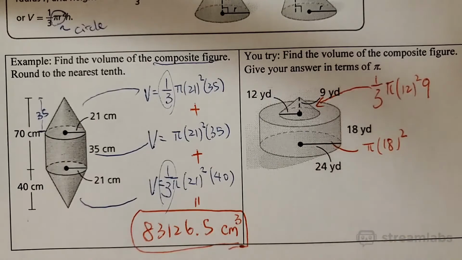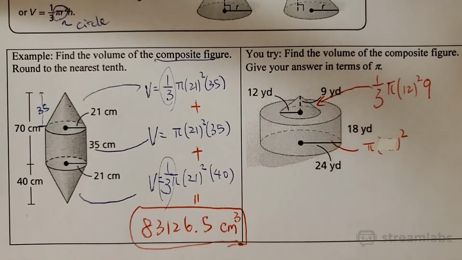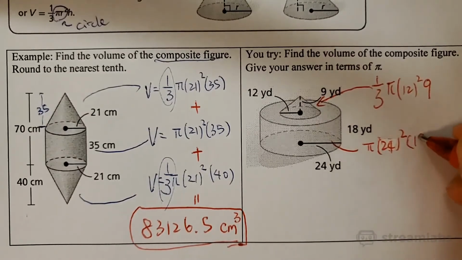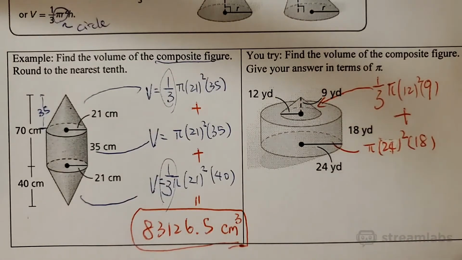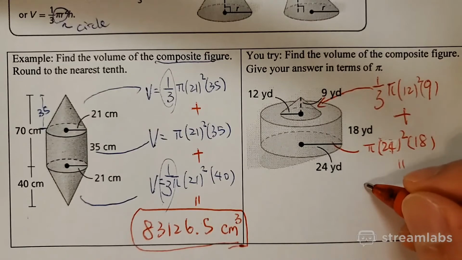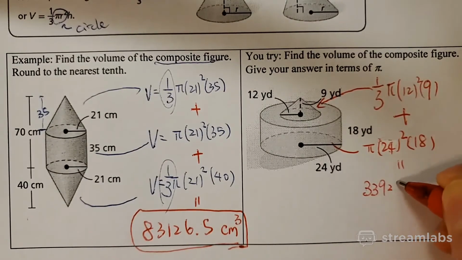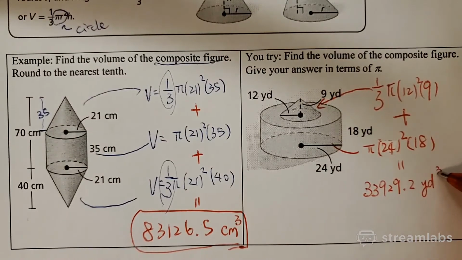No, 24 square, times height, 18. All right, add them together. Should get 33,929.2 yard cube.